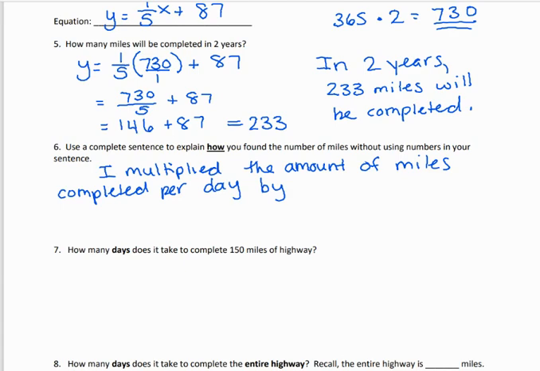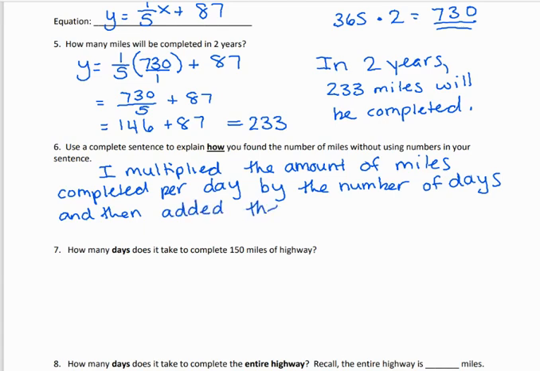The number of days, exactly, good. That changed. That's our variable. And then after we multiplied each time, what did we do? Perfect, good. And then, so I multiplied the amount of miles completed per day by the number of days, and then added the amount of miles already completed.